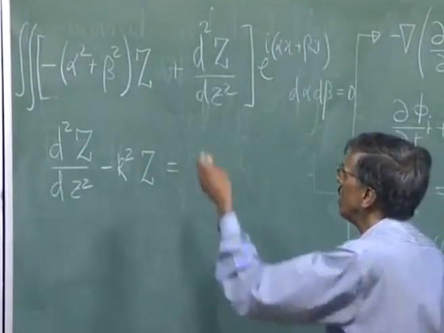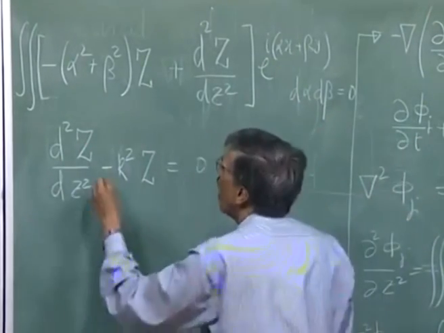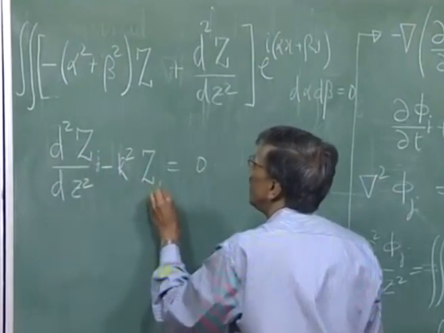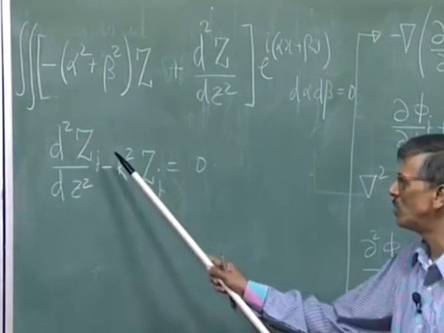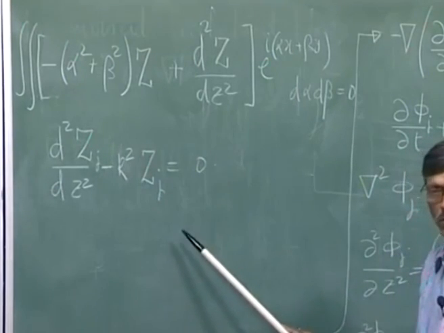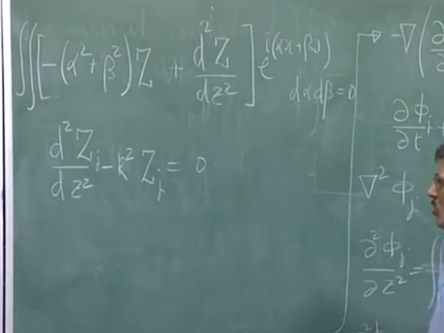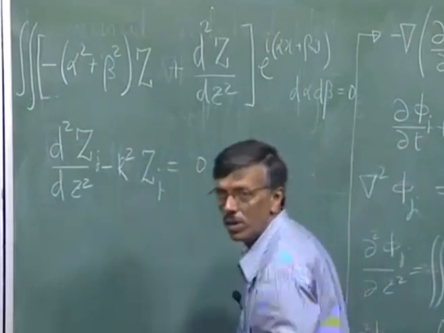And you can see for each phase I will simply add this. On the top surface I will put j equal to 2, on the bottom surface j equal to 1. So, this is a very simple equation.